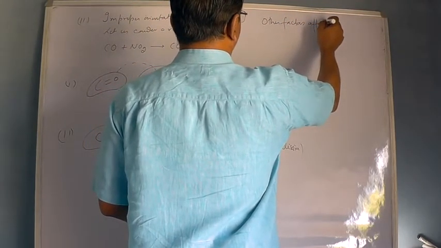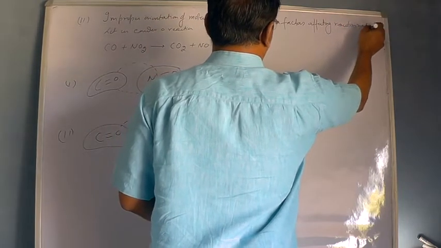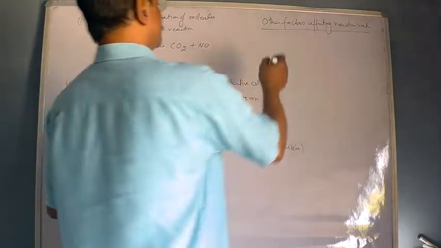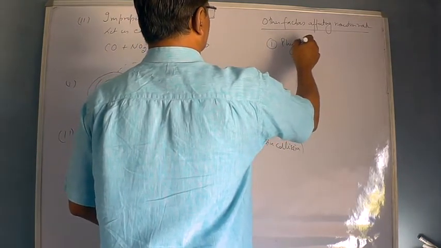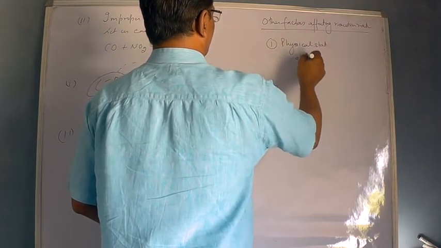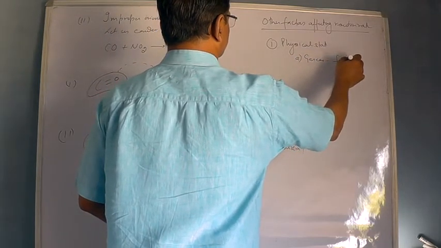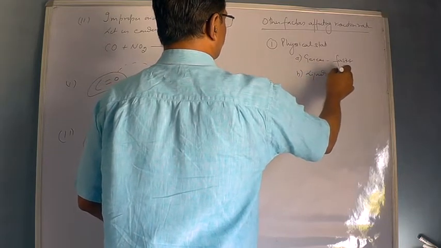Other factors affecting reaction rate. So what are those factors? Class, first is the physical state. Gaseous, fastest. Liquids, intermediate.